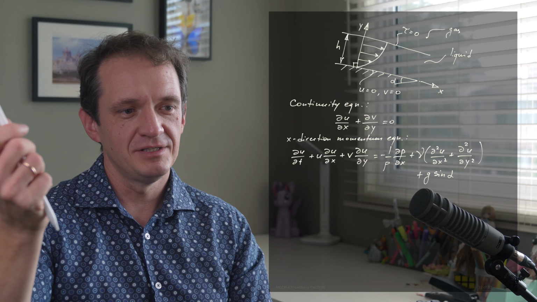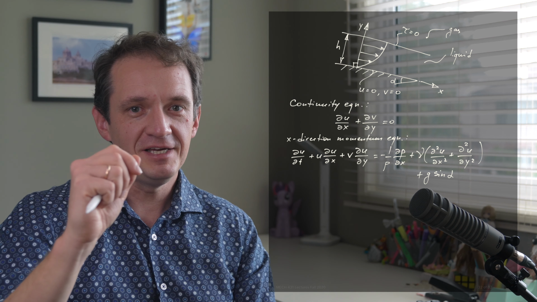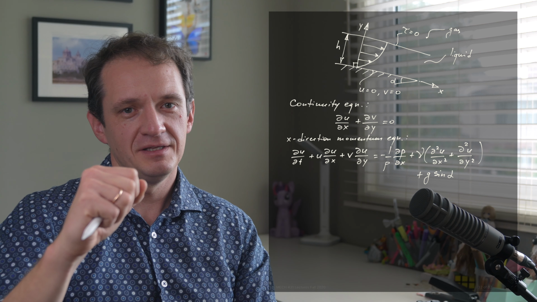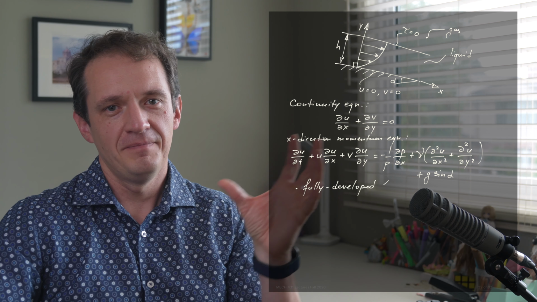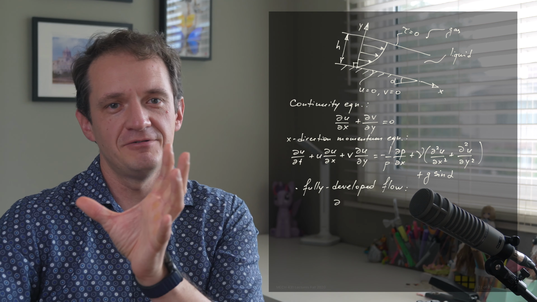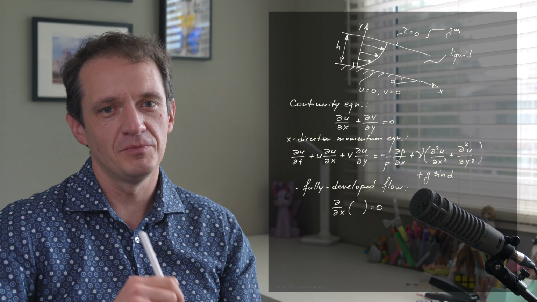The y direction equation would be simplified greatly by employing the fully developed flow assumption. And the fully developed flow means that in the main direction of the flow, there are no changes of any flow parameters.